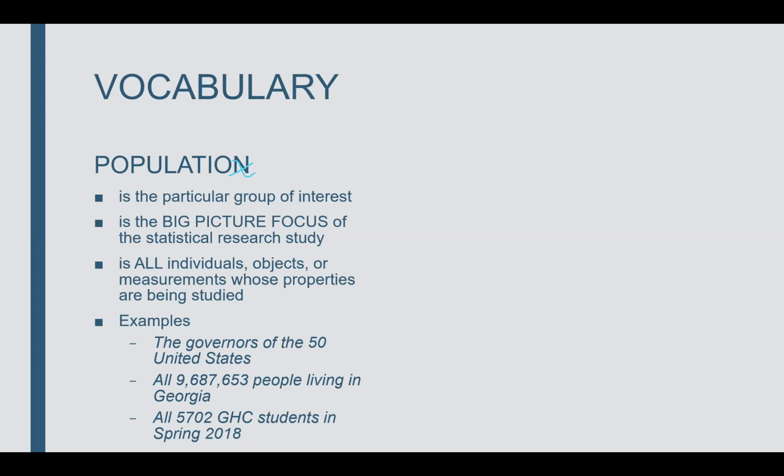Now, currently, the government's trying to do that. If you haven't heard about the 2020 census, let me tell you, the government is attempting to get information from every household within the United States. And that's called the census.